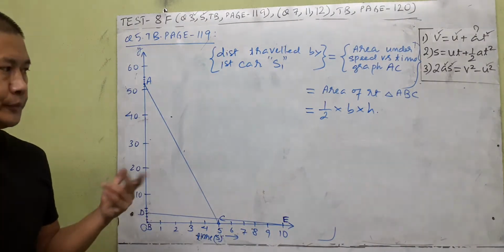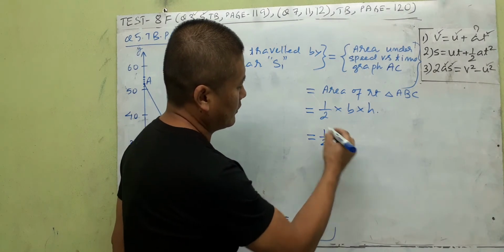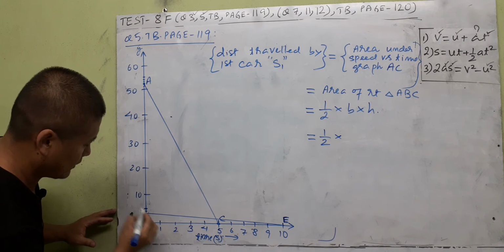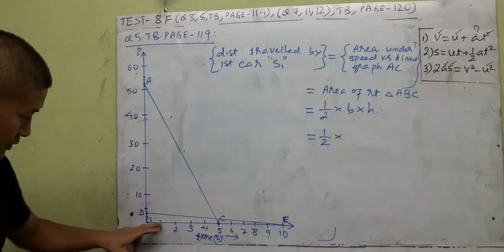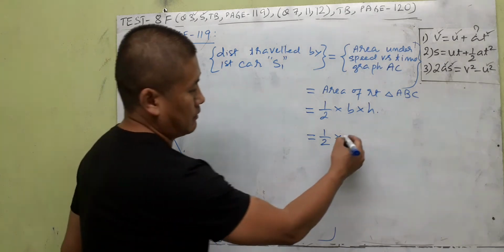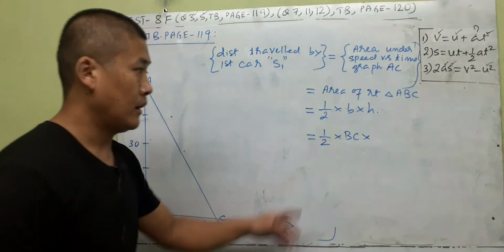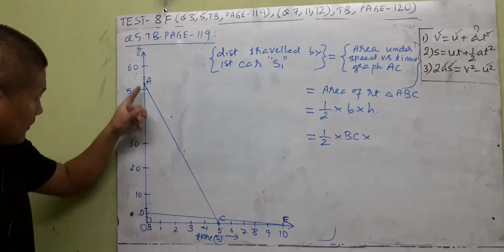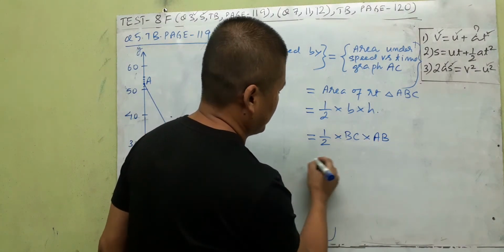Now in a right triangle, this is the 90-degree point. So the perpendicular sides are called the base and height. So base will be this one, BC. Then the height will be the side of the triangle which is perpendicular to BC. So which one is that? This one, AB.